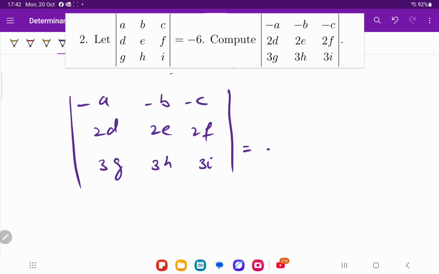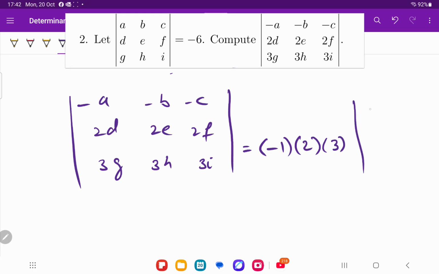So minus 1 could be written outside. And then this 2 is also part of the second row, so this 2 could also be extracted outside, and 3 is also part of row 3, so 3 could also be extracted outside. And what is remaining?